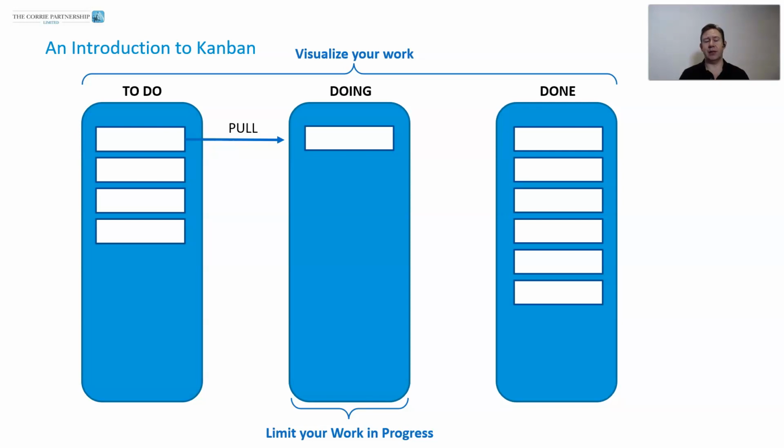And the other thing is that if you've got something in the doing column and suddenly something becomes more urgent, more important, more valuable, then we move an item out of the doing column back into to do, so that we can maintain that limit on our work in progress. That's the principle that we follow there. There are lots of different principles, but I'm just giving you some basics to get us started.